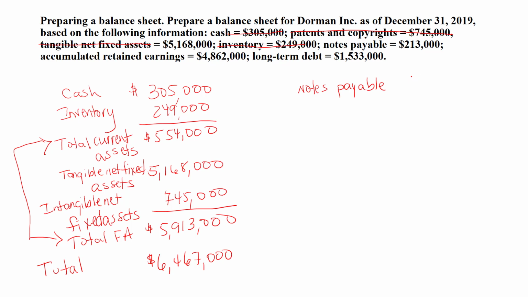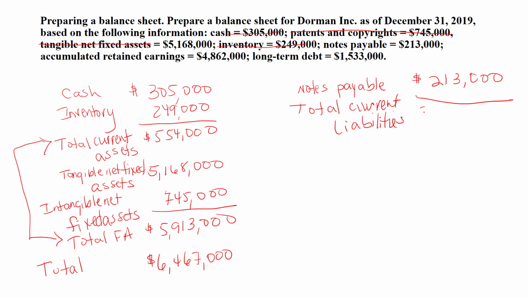So it is our current liability, $213,000, and that totals our current liabilities.